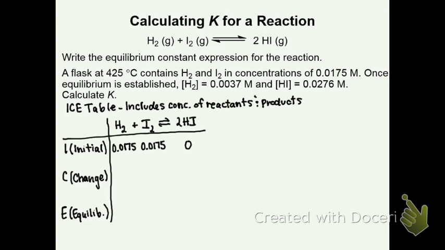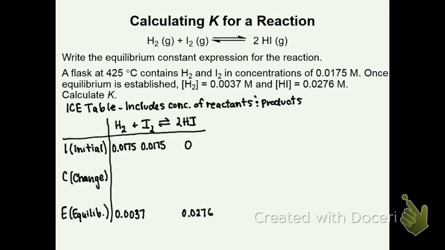So we know that at equilibrium, we have 0.0037 molar of H2, and we have 0.0276 molar of HI. So now basically we have enough information that we can determine all of the equilibrium concentrations.